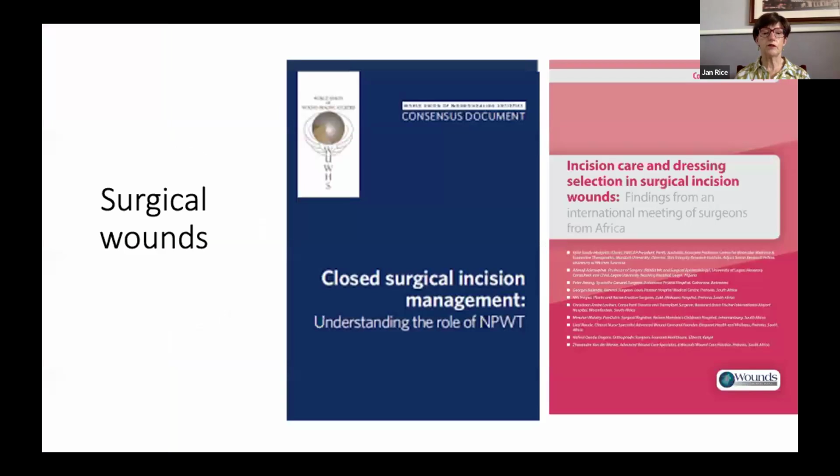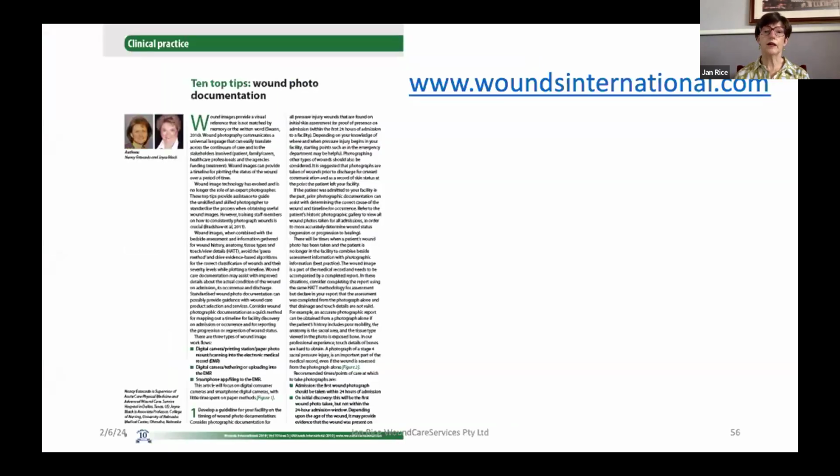And of course, you will also find two documents around surgical wounds on Wounds International, one from the World Union and one from Wounds International. The one that I like the most, though, is the World Health Organization one. It's quite complex, it's large, but given that I volunteer in resource poor communities, I find that a good one.